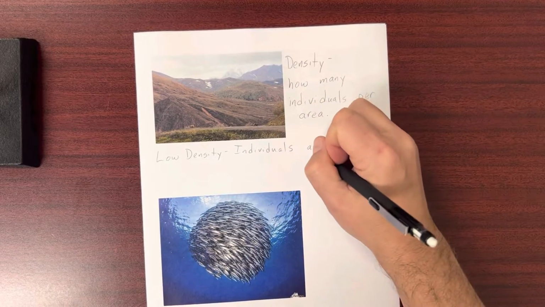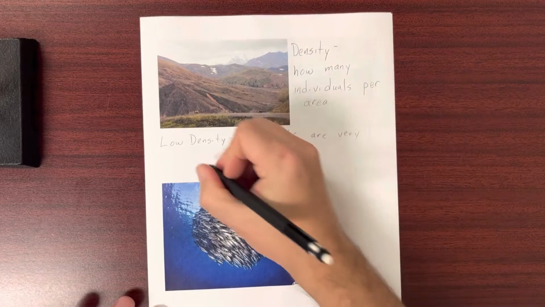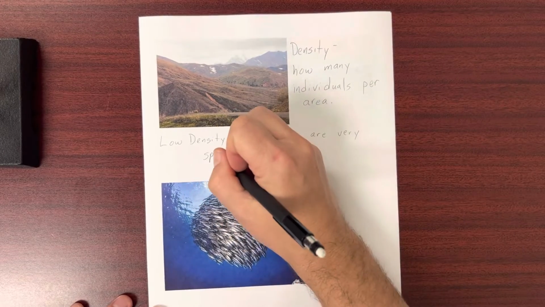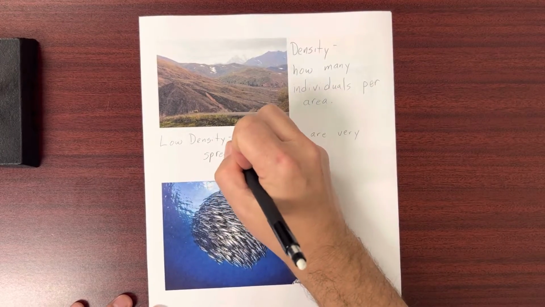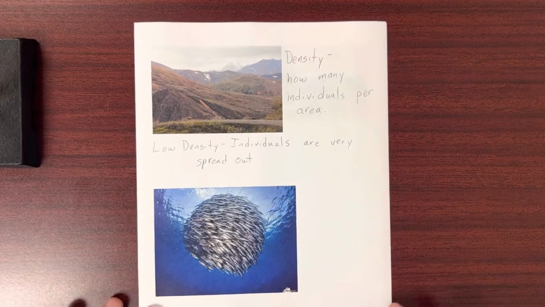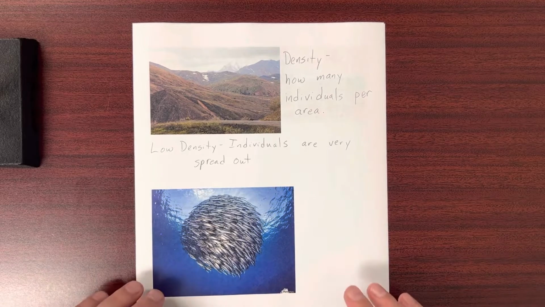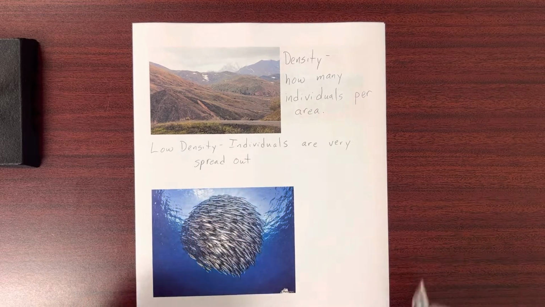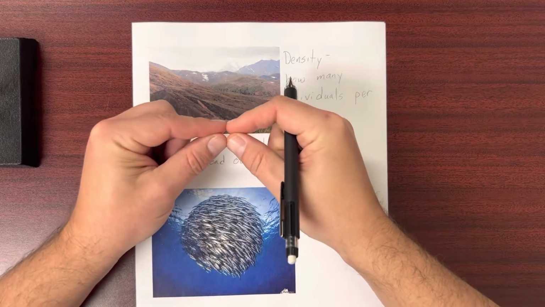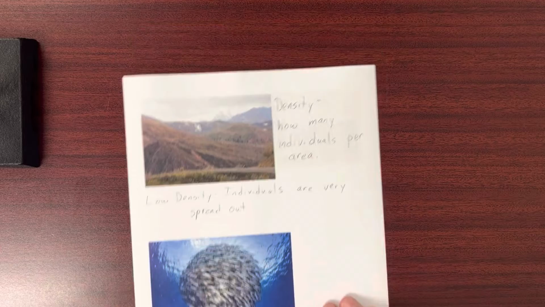Individuals are very spread out. Of course, again, that depends on the area that we're talking about. They could still have low density, whether we're talking about a teeny tiny little area or an area the size of Alaska.